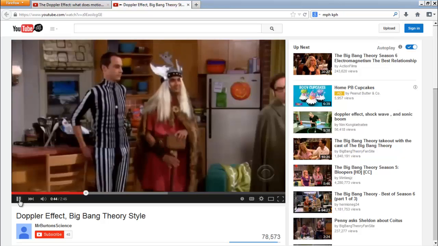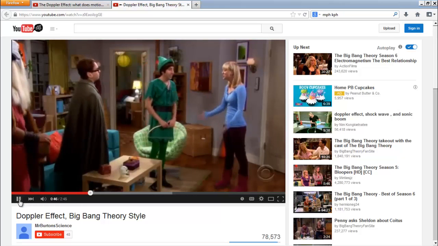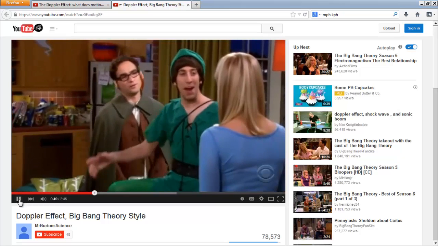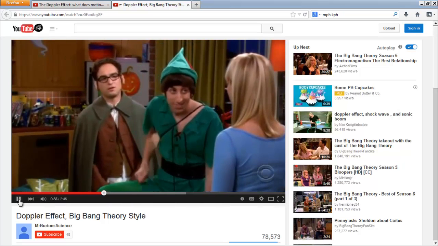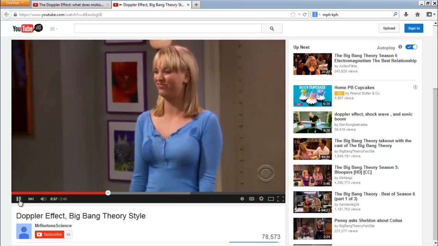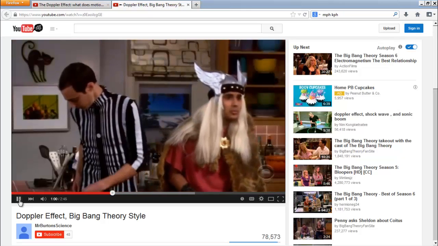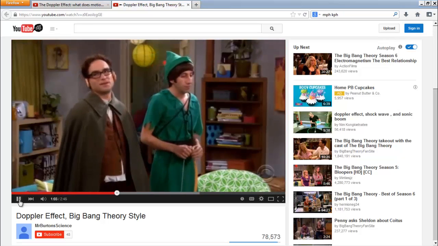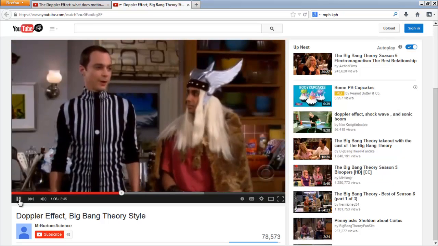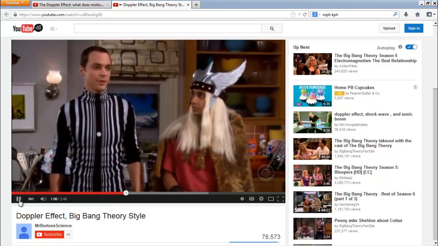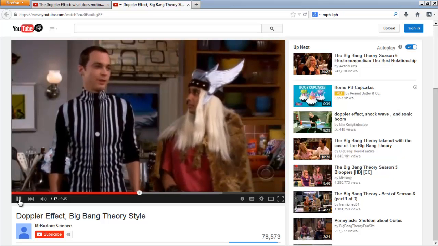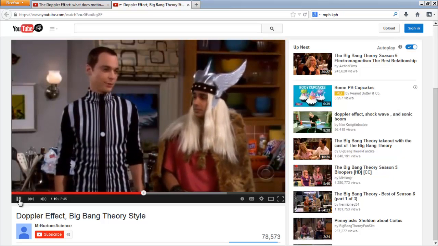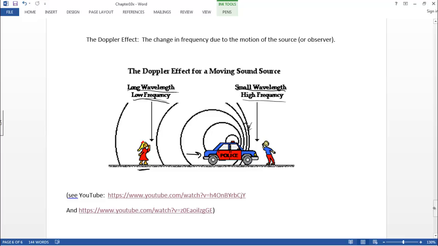I mean, look at you, Thor, and oh, Peter Pan, that's so cute. Actually, Penny, he's wrong. I'm Peter Pan! I got a handful of pixie dust with your name on it. No, you don't. Hey, what's Sheldon supposed to be? Oh, he's the Doppler effect. Yes. It's the apparent change in the frequency of a wave caused by relative motion between the source of the wave and the observer. Thanks, Sheldon.